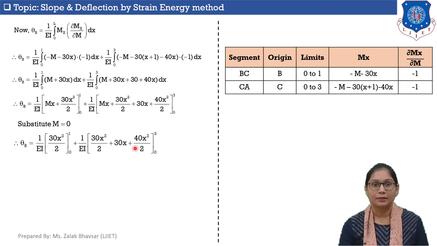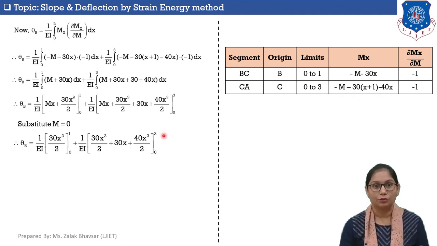Now let's substitute M equal to 0 in this equation. So I am getting theta B is equal to 1 upon EI, moment is 0, that's why 30 into x square by 2, limit 0 to 1, plus 1 upon EI, again moment is 0, that's why 30 into x square by 2 plus 30 into x plus 40 into x square by 2.